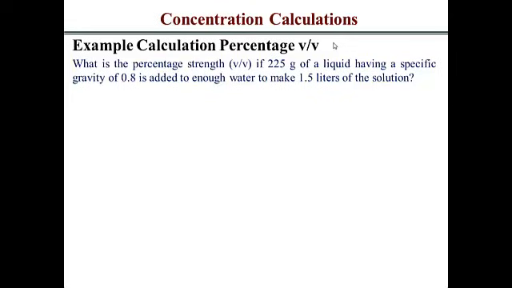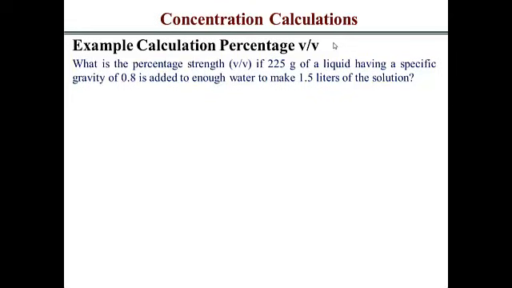So this question states: what is the percentage strength, volume by volume, if you have 225 grams of a liquid having a specific gravity of 0.8, which is added to enough water to make 1.5 liters of solution, right?